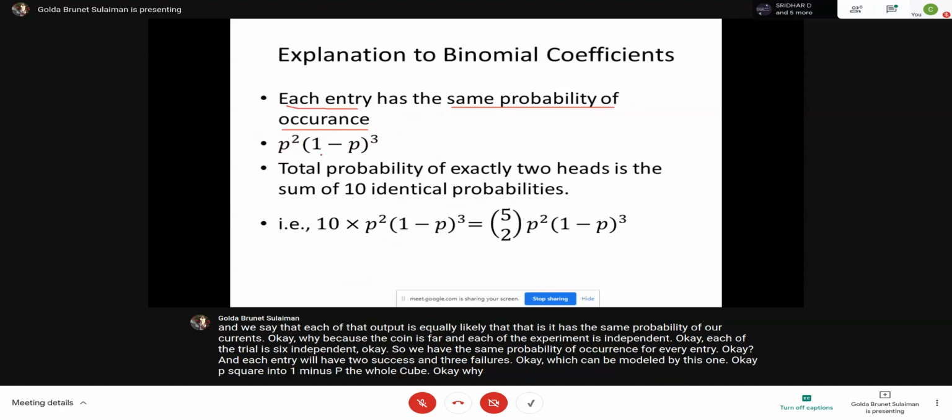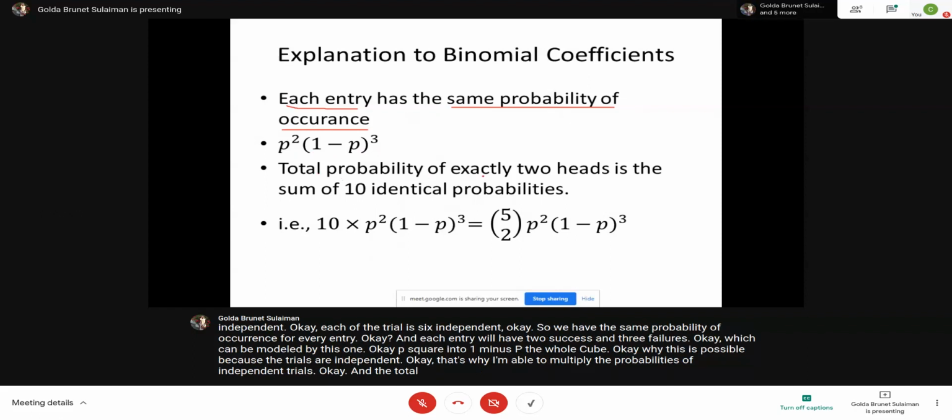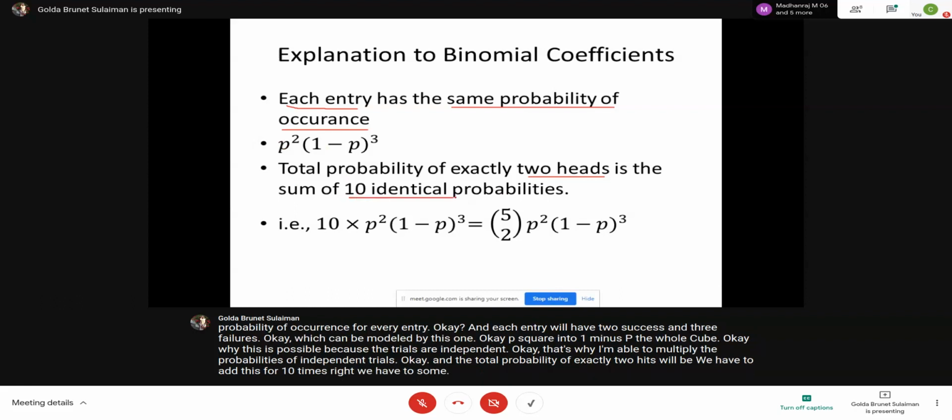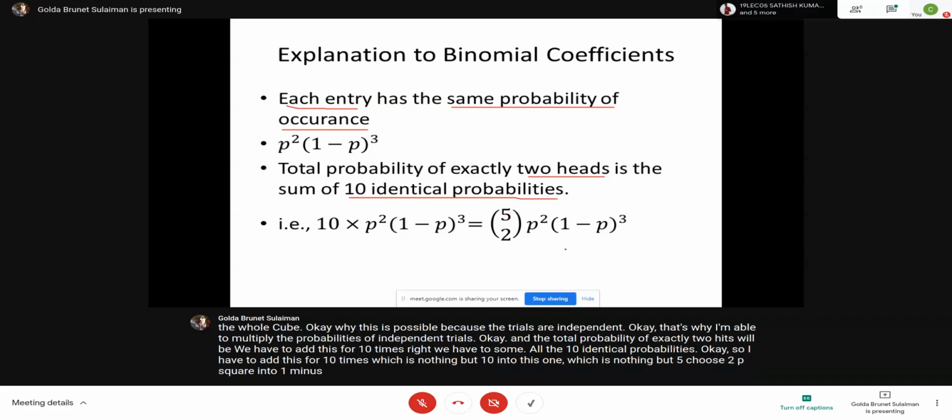Why is this possible? Because the trials are independent. That's why I'm able to multiply the probabilities of independent trials. The total probability of exactly two heads is the sum of these 10 identical probabilities, which is 10 times this, which is 5 choose 2 times p squared times (1 minus p) the whole cubed.